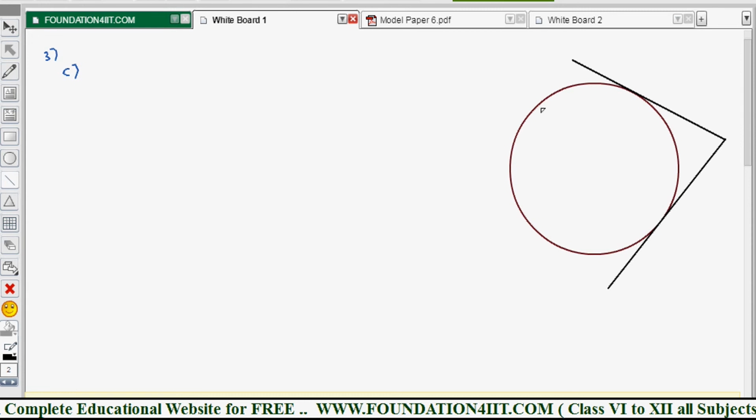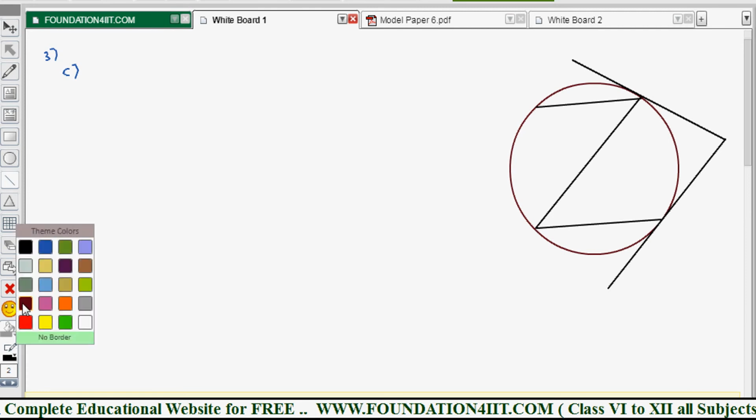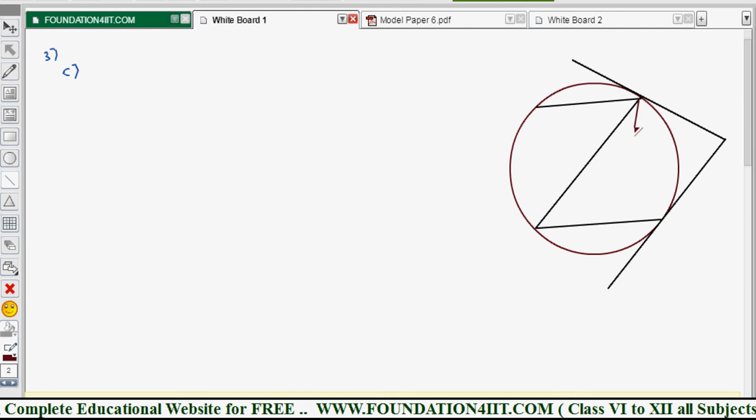And two lines are parallel, wherever touching. And O is the center. The center point is this, and from there you can join the line. AB is the line, and this is parallel to CD. Okay, it is given.